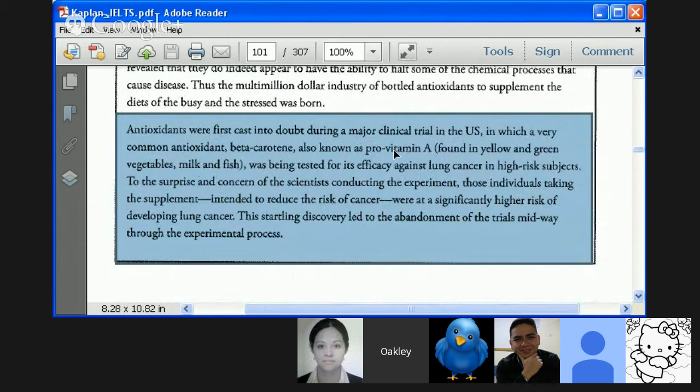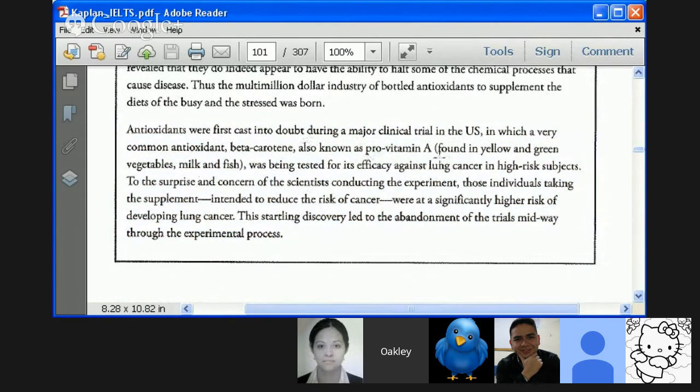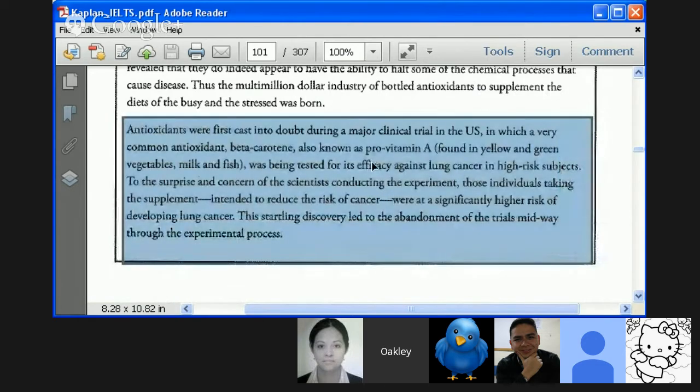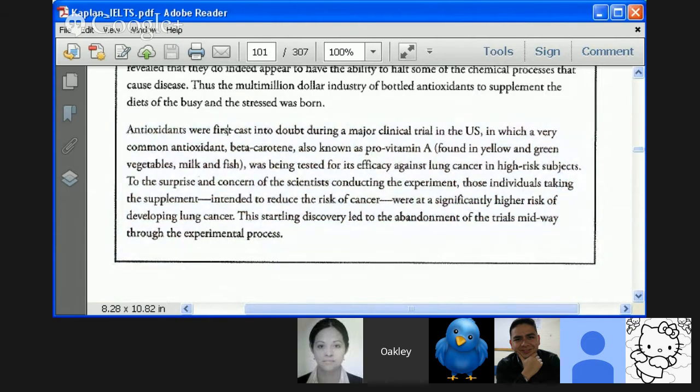Okay, the third paragraph. The idea is to do this quite quickly because I know I'm going to be scanning for information. Here they introduce beta carotene, vitamin A, where it's found, reduce risk of cancer.